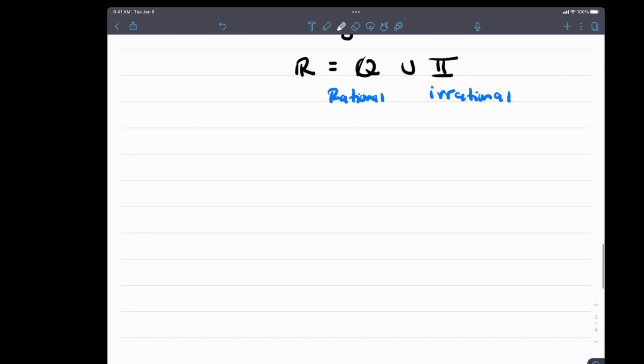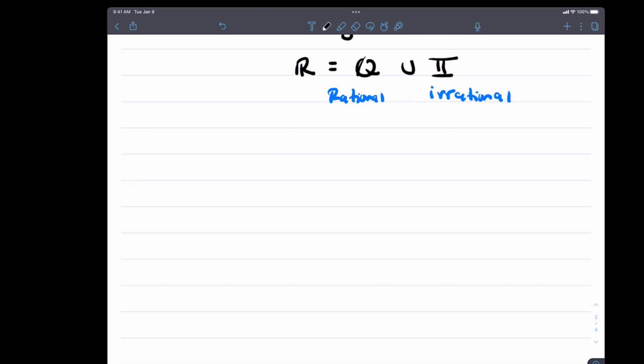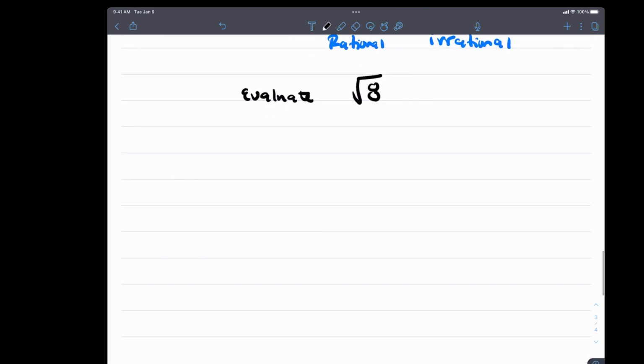Okay, now here's the problem though. If I said to you guys, evaluate the square root of 8, you know what's going to be the problem, ladies and gentlemen? Square root of 8? What's the problem? You can't. Good job. Why can't you evaluate that?